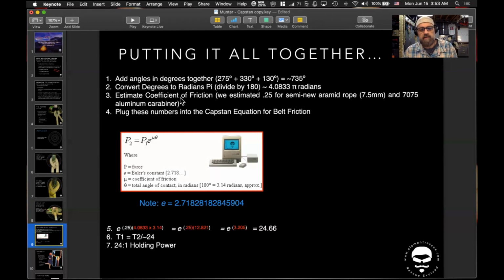It may not seem that big of a deal, but you're going to see, because the coefficient of friction and the angles are both exponents to what's called Euler's constant, they actually make an enormous difference. So we estimate that to be about 0.25 for a new 7.5 millimeter aramid rope and an aluminum carabiner. We take those numbers and plug them into the Capstan or belt friction equation.